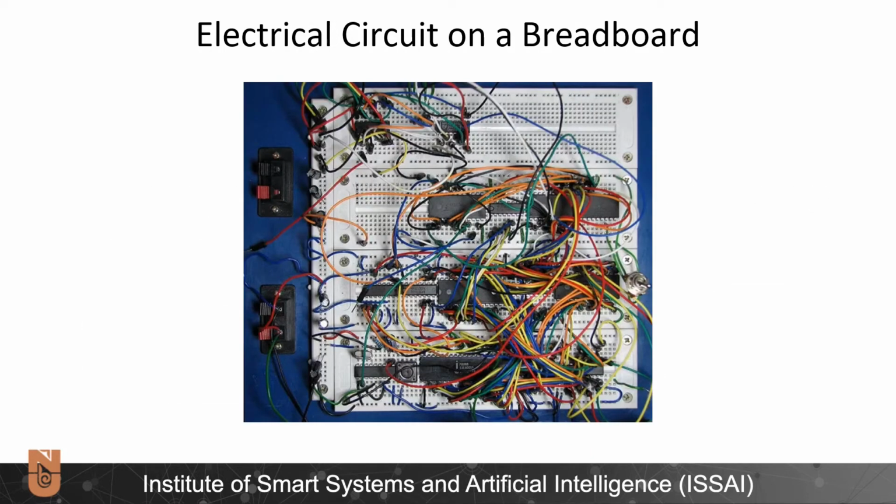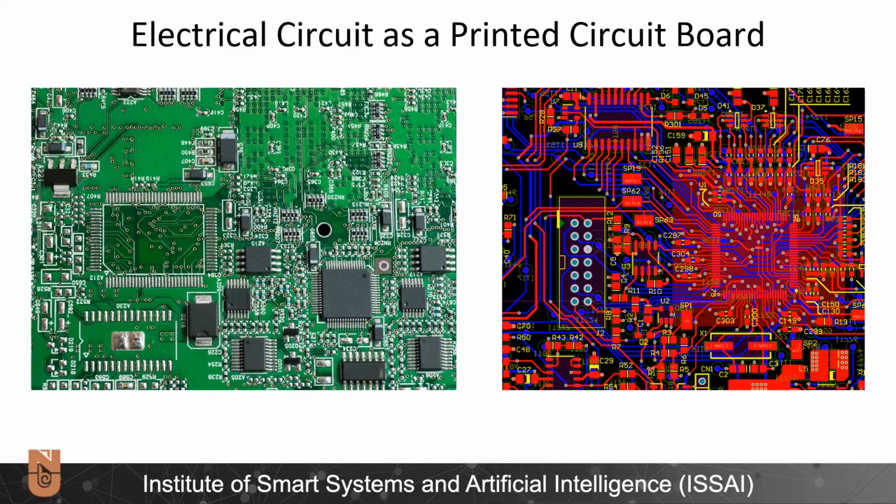How does an electrical circuit look in the real world? Here we see a breadboard, and on top of that breadboard an electrical circuit is implemented, and as is the case most of the time, it looks like a mess. On the left side of the screen we see a printed circuit board. Most of our electronic devices have the components on these types of printed circuit boards.